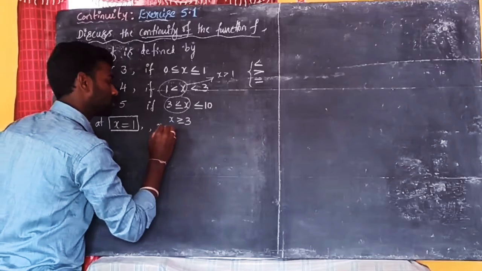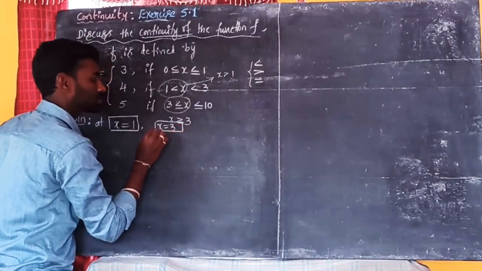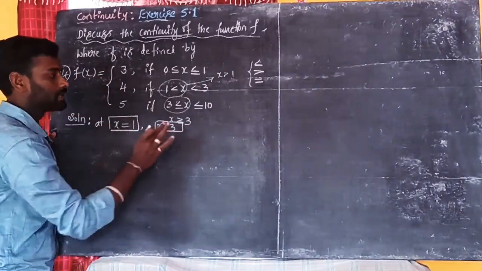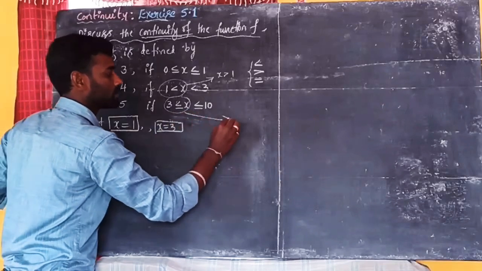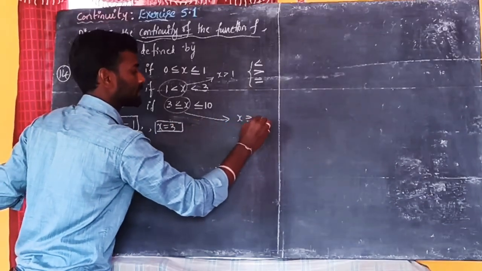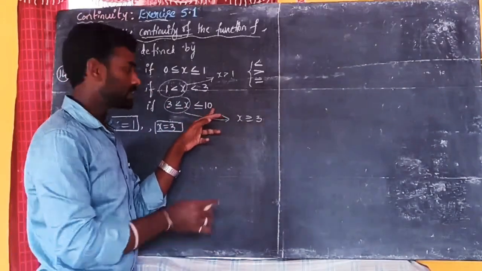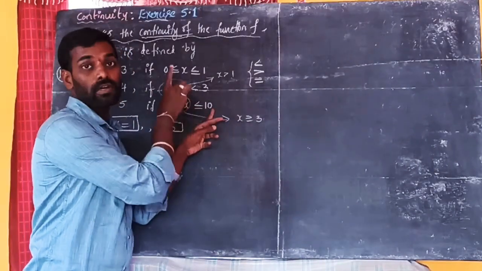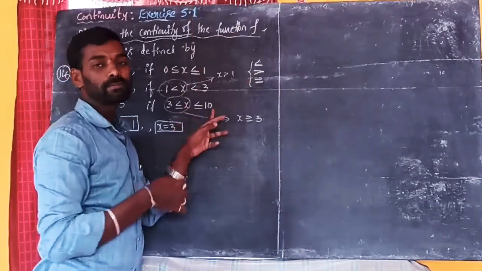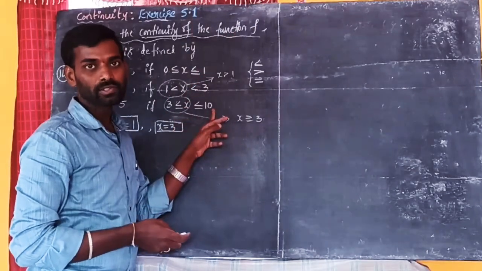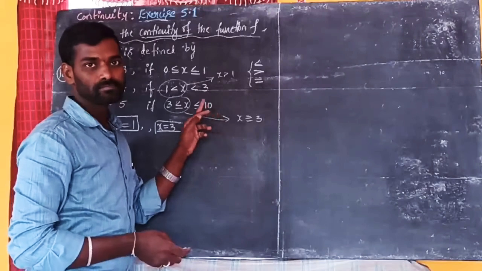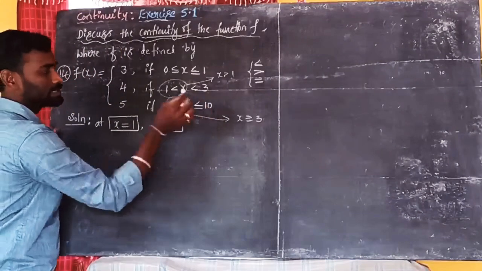So at x is equal to 3 also we have to check whether this function is continuous or not. Okay, observe, guys. This can be written as x is greater than or equal to 3. Next, check for 10, guys. Here for this 10, less than is there, equal to is there. But greater than inequality is not there. So we should not check this. We should not take this point, guys.